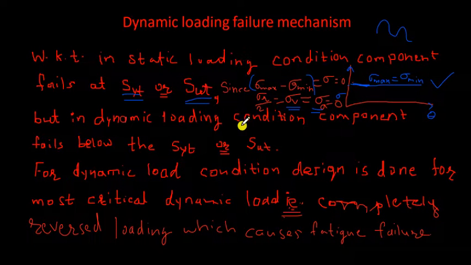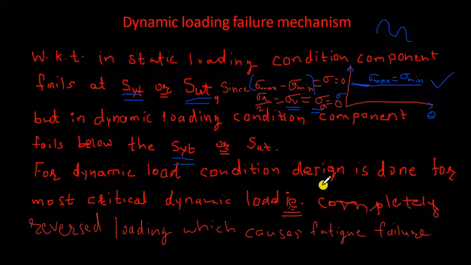But in dynamic loading condition, a component fails below the SYT or SUT. Why is it so? Because a stress variation, or variable stress, is present, which causes failure so early, before its static strength.